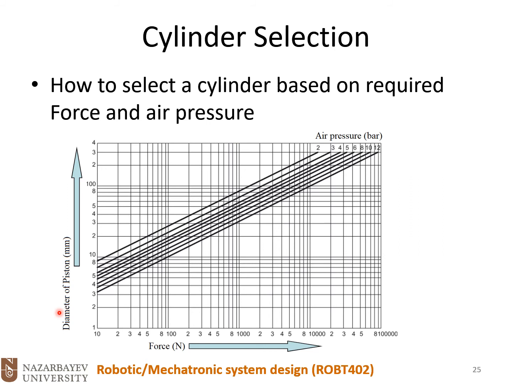But it will cost us some money, because a bigger cylinder is more expensive. Plus, it occupies some space. So we need to have a proper diameter of cylinder to optimize the cost and space.